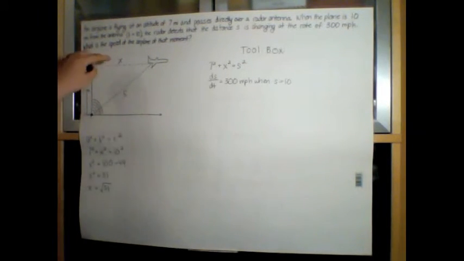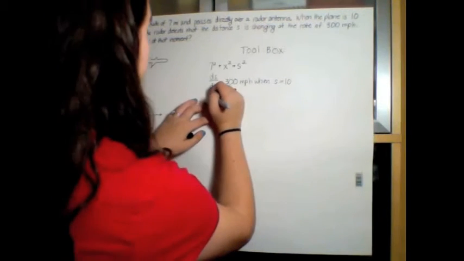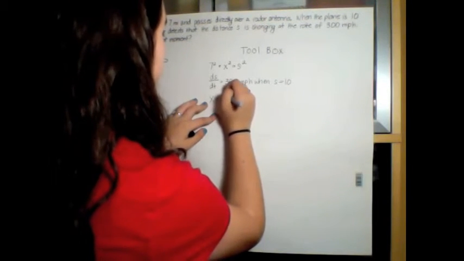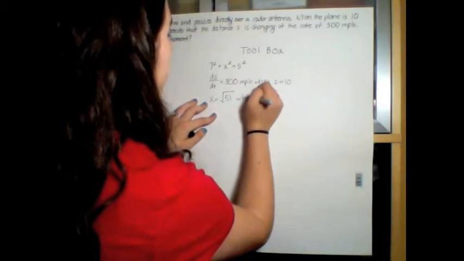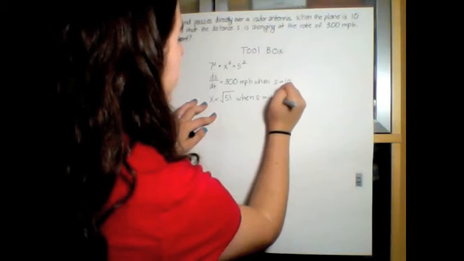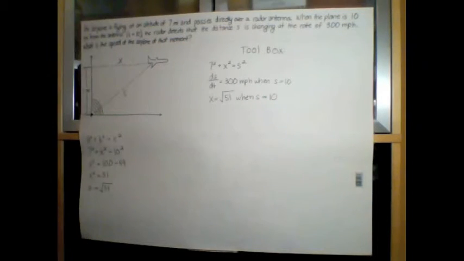So that's the value of x there when s equals 10 and the altitude is 7. So we can put that also into our toolbox since that might be useful later. So we know x equals radical 51 when s equals 10.